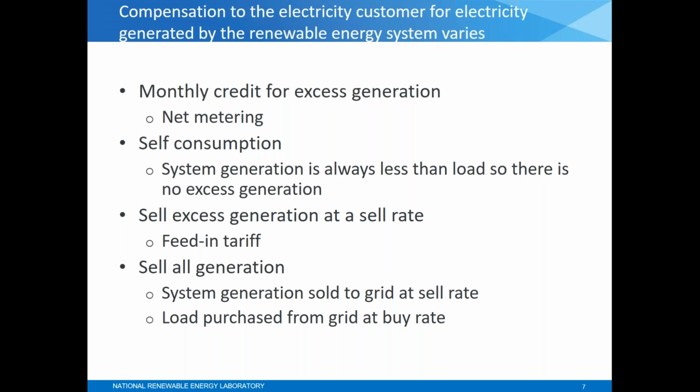There are lots of different ways for distributed energy systems to be compensated for the electricity they generate. And SAM can model all of the scenarios that I've shown here. So in some cases, the electricity customer might be credited for excess generation. So if the renewable energy system produces more electricity than is required by the building, then the customer receives a credit on their electricity bill.